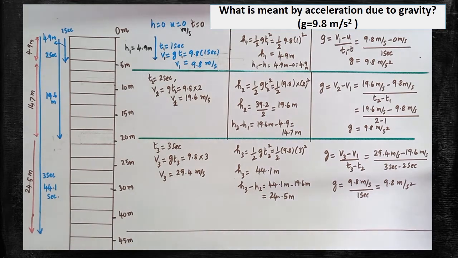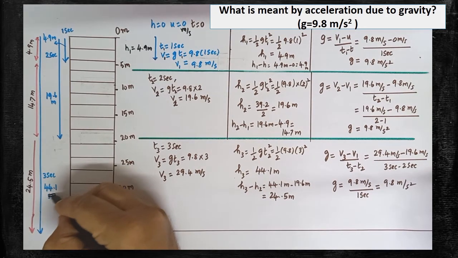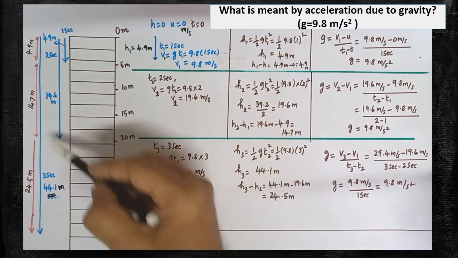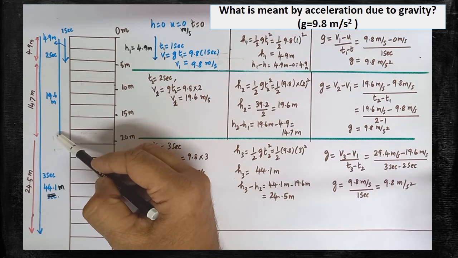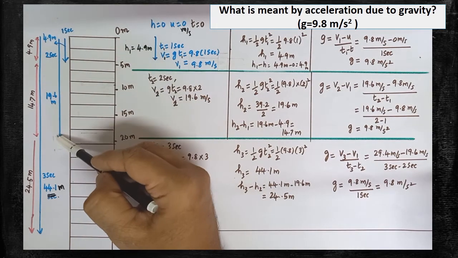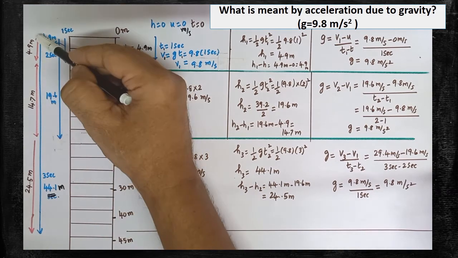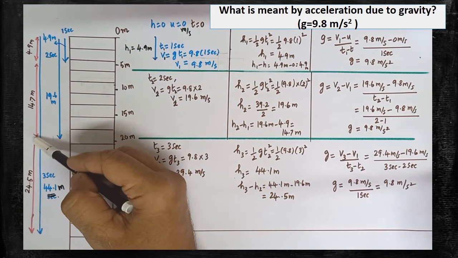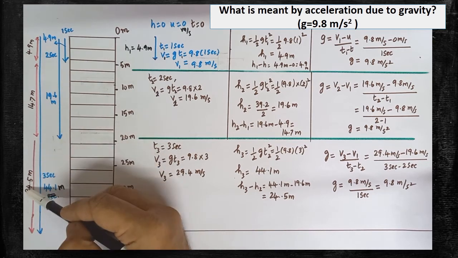Are you clear? Now you calculate the height difference. In the second, it covers a distance of 19.6 meter alone. In the third second, it covers a distance of 44.1 meter. What is the height difference? 24.5 meter.